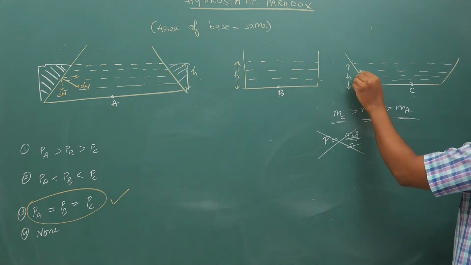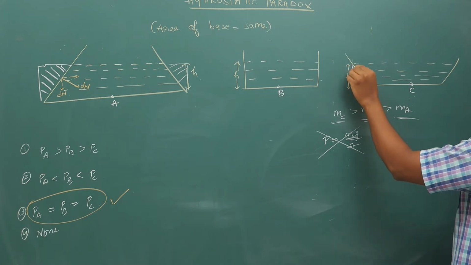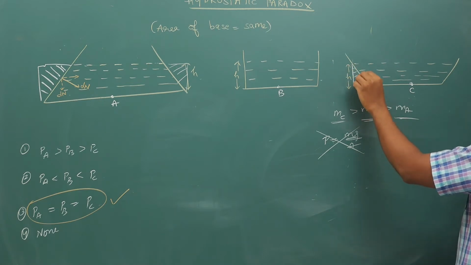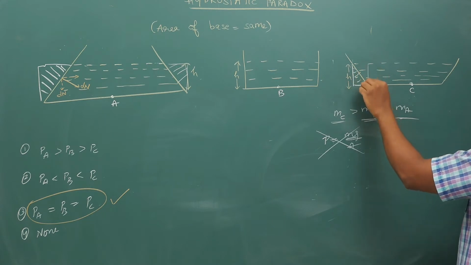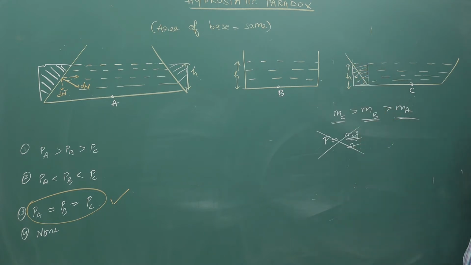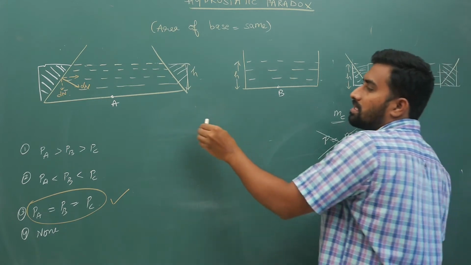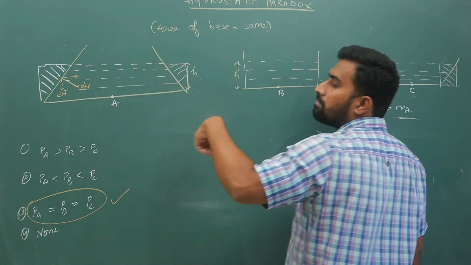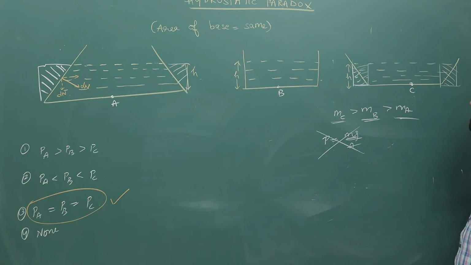And here also, if you take the missing liquid, it will be exerted this way, and that extra mass will be balancing this part. On this side also, the extra mass that you have will be balanced by the bottom part. As a result, your pressure is going to be the same. Getting my point?